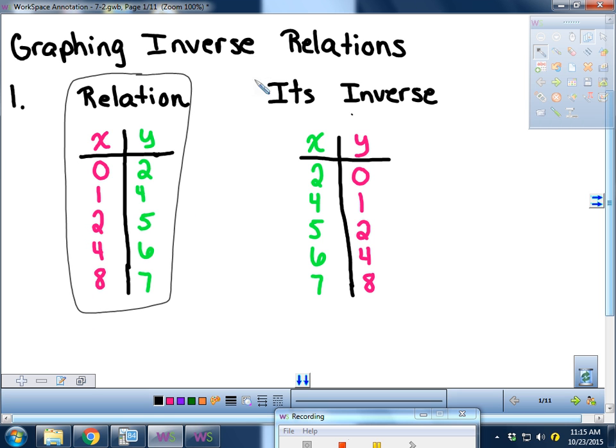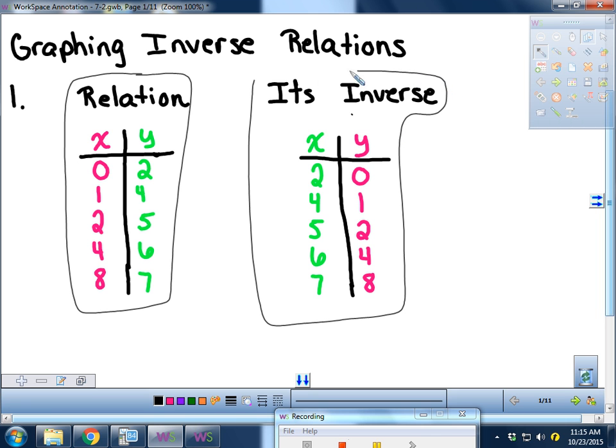This is its inverse. If you will notice, the only thing that happened was the x's are now what your y's were, and the x's that you started with are now your y's. They just changed spots, okay? And that's what happens. The x and the y switch spots when you take the inverse of something, okay?